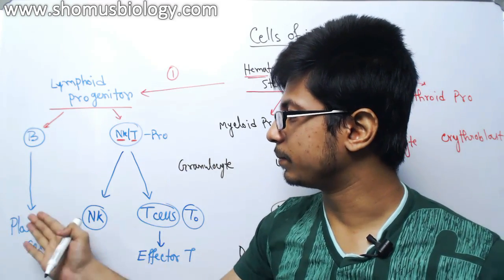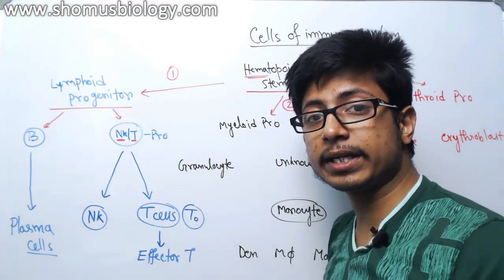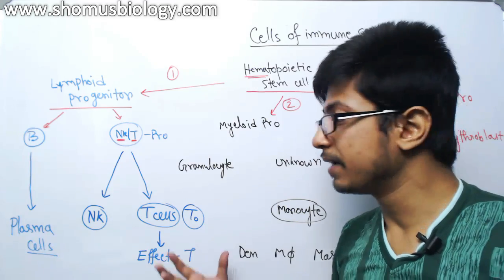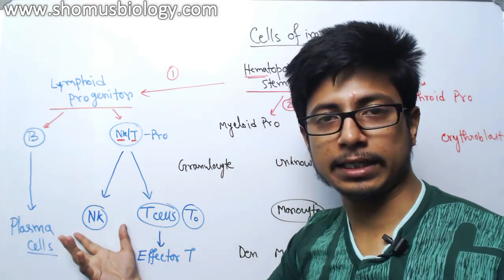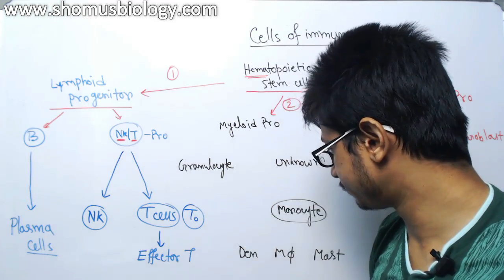So that can be produced. So from one type of cell, that is lymphoid, we get 3 varieties: T cell, B cell, and natural killer cell. They all developed from this lymphoid progenitor cell.